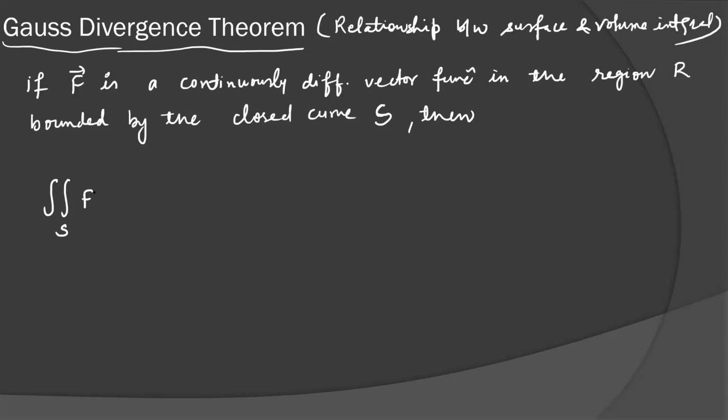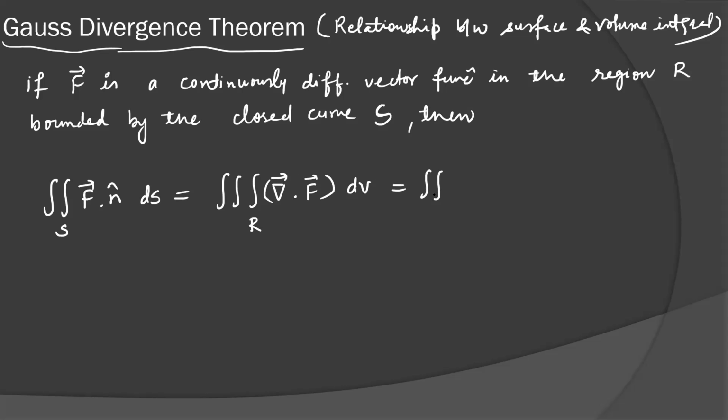surface integral f dot n cap ds, I have already discussed surface and volume integrals, is equal to the triple integration over region R of del divergence of f dv.